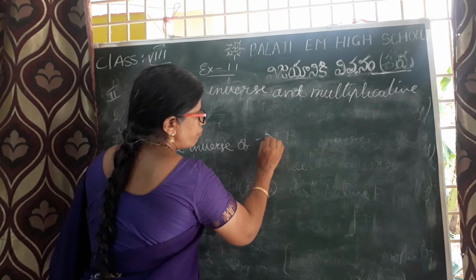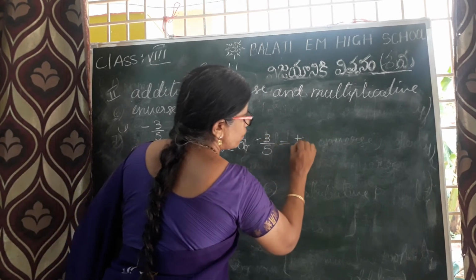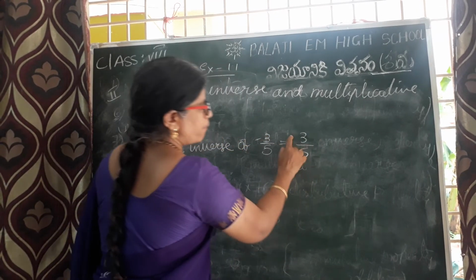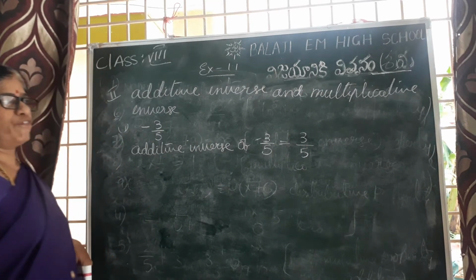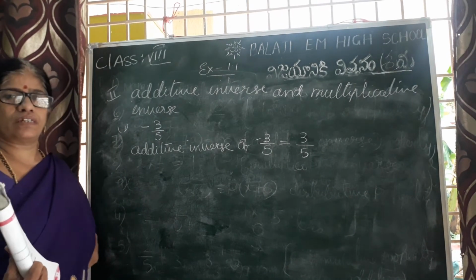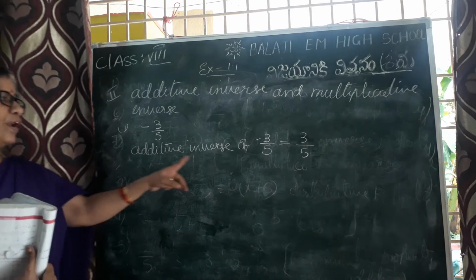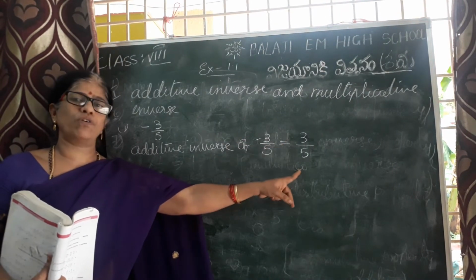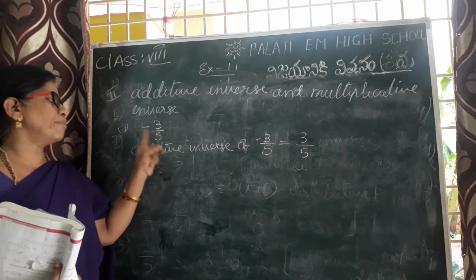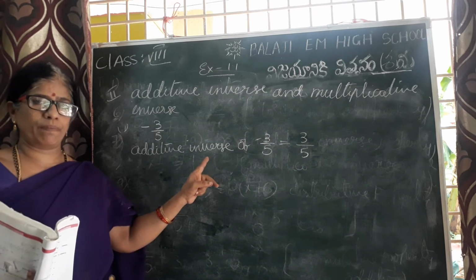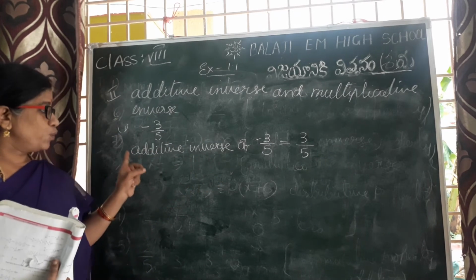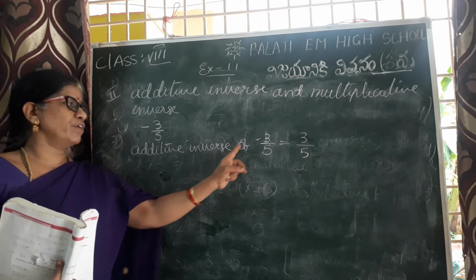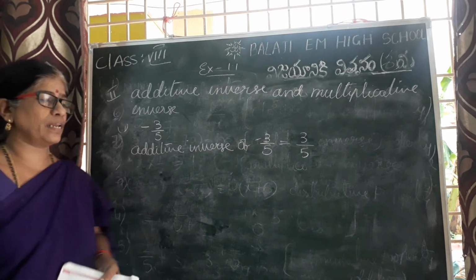Additive inverse of minus 3 by 5 is equal to 3 by 5. For positive, you need not keep the symbol. If you do not keep any symbol, it assumes that it is a positive number. Never ever write minus 3 by 5 is equal to 3 by 5. It is absolutely wrong. You must write: additive inverse of minus 3 by 5 is 3 by 5.